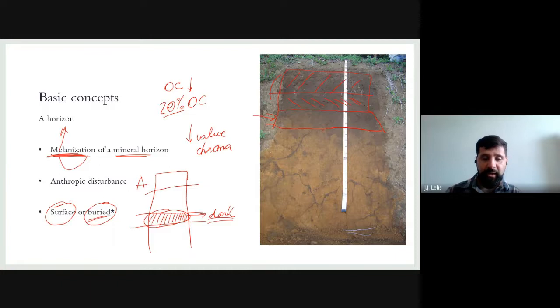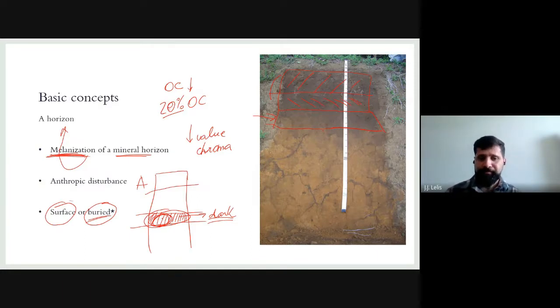If this material is dark because organic components have been decomposed in the past, and this gave it the dark color, okay, then it is an A horizon.